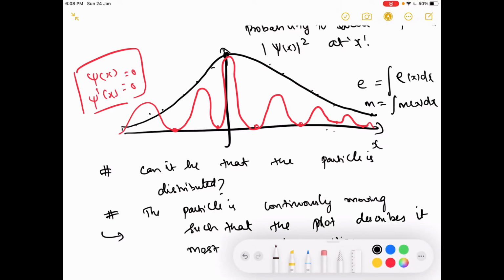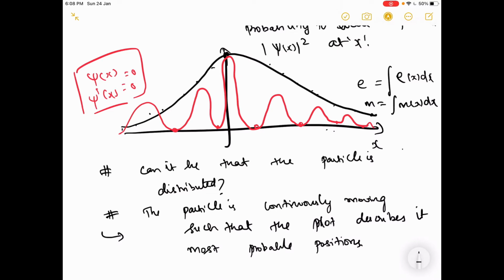Let's not get into that, but let's say only this example where the wave function comes to zero here. So there must be some potential which is high enough for the wave function to drop here, right? So you must have some infinitely high barrier wherever the wave function comes to zero, right? You should have an infinitely high potential such that the wave function came to zero at this point.